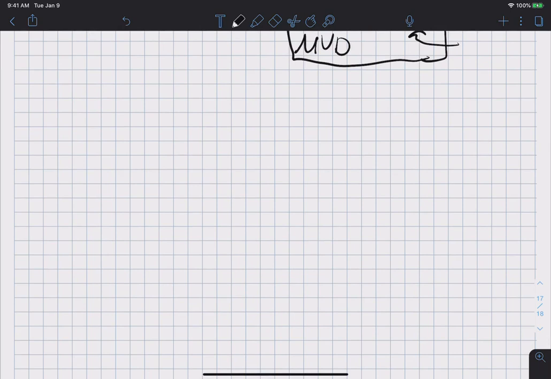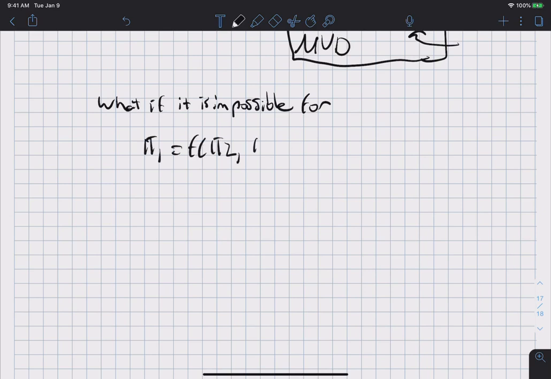What if it is impossible for pi 1 equals some f of pi 2, pi 3, up to pi n minus k, where again pi 1 contains the quantity of interest?